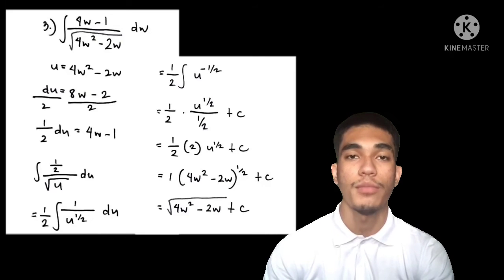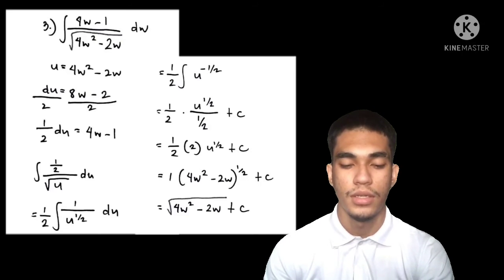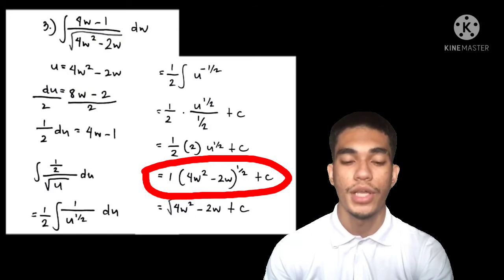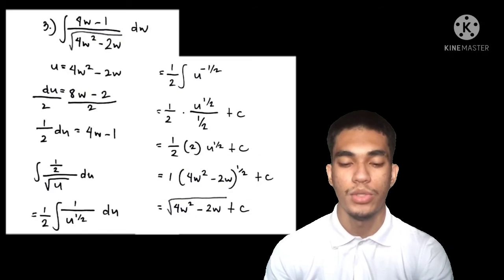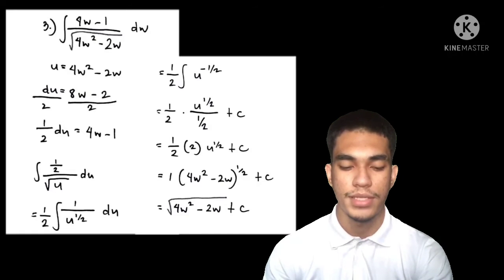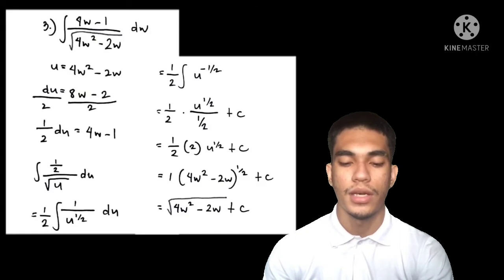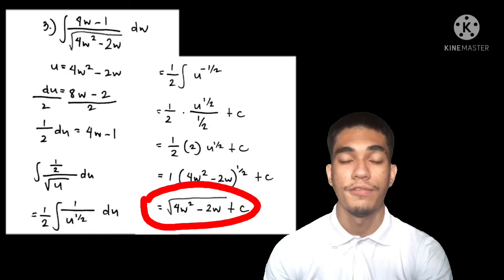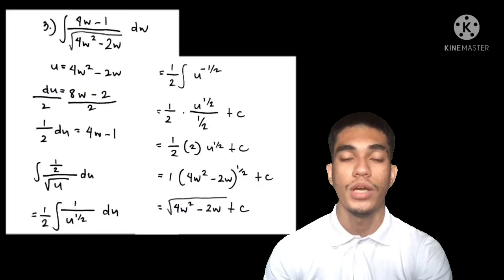So 1 over 2 times 2 will become 1, and then we will substitute the value of u, which is 4w squared minus 2w to the 1 half plus c. Now we can write it in radical form, which is the square root of 4w squared minus 2w plus c as our final answer.